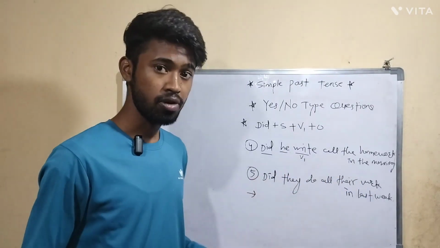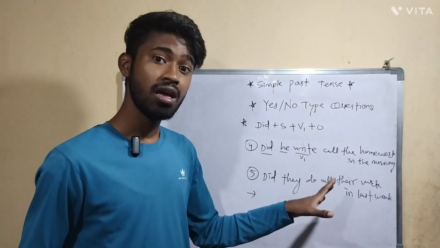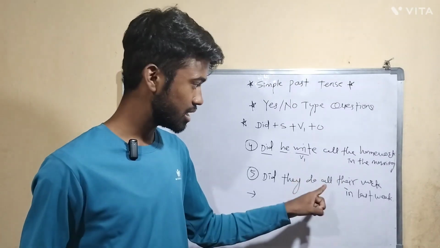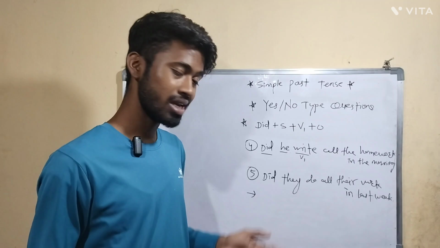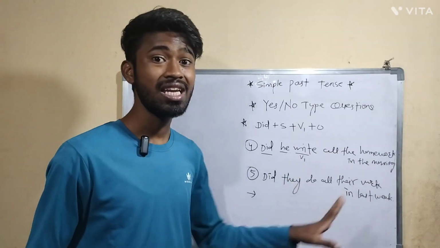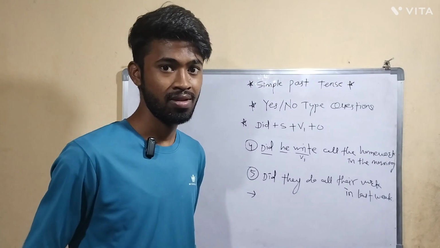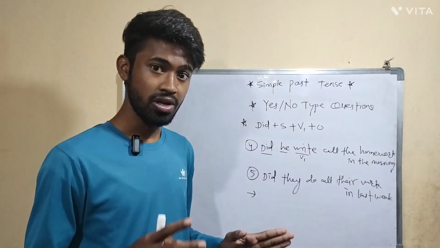First, the positive answer. Yes, they did all their work in the last week. Negative answer: No, they did not do their work in the last week. You understood? If you are listening carefully, you can understand.